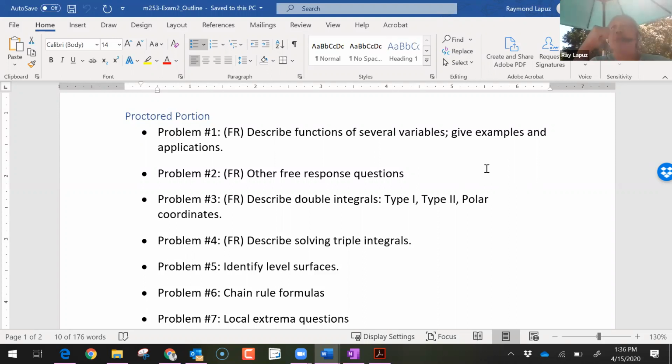So the input would be... that one's still kind of difficult to use because your input has to be 3 things, and you can think about 3 points, and then your output is a number that comes out. And so it's hard to describe a level curve as something like that. So I don't think that'll work either.